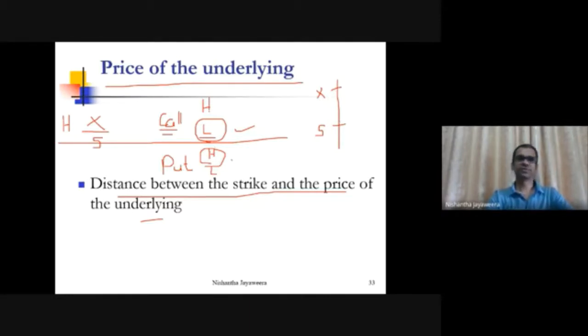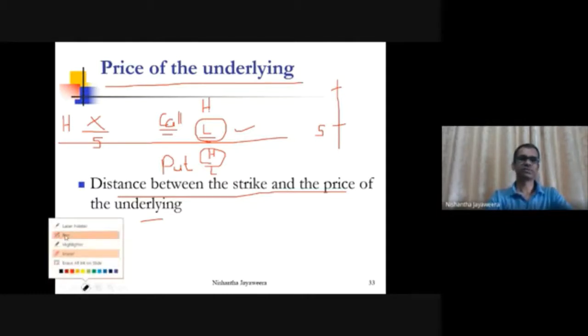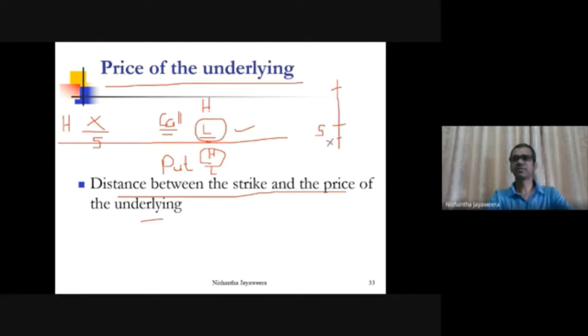So option premium would be high. Assume for a put option, the strike is here, but still it's very close to spot.